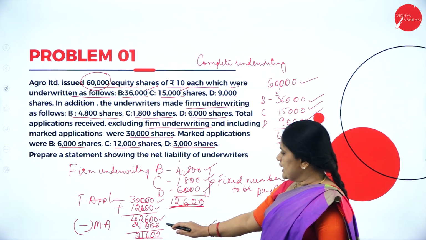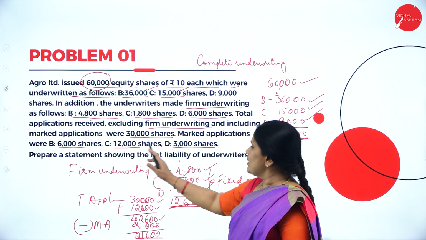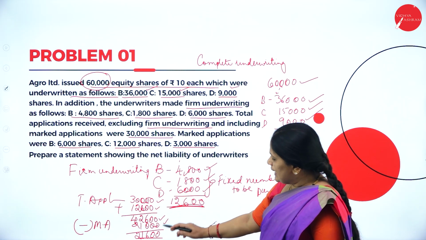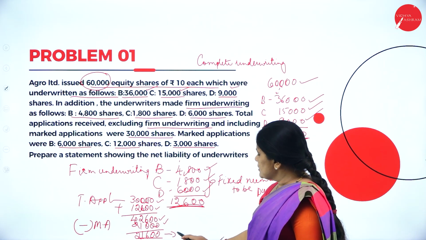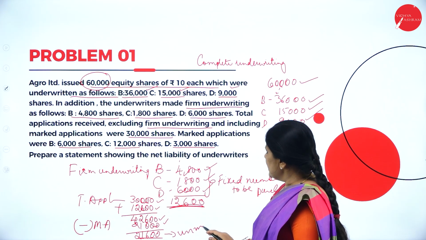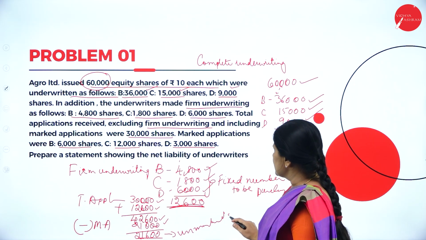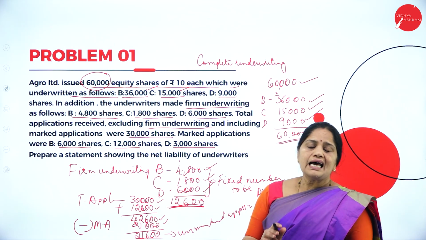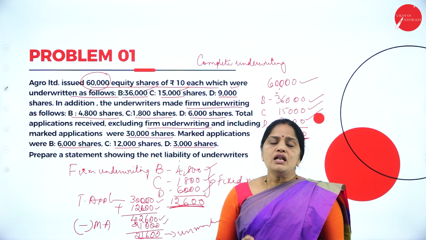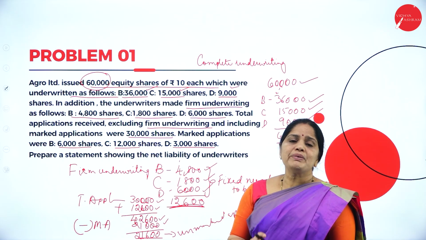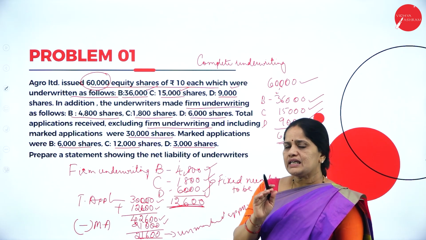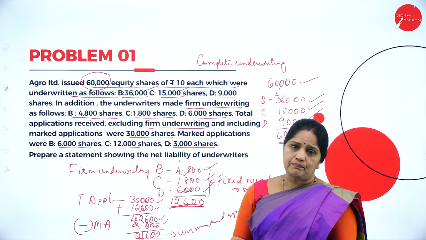When I add all the 6 plus 12 plus 3, it comes up to 21,000 shares. So, I deduct it, and 21,600 becomes the unmarked applications. Unless otherwise stated, firm underwriting should always be considered as unmarked applications.